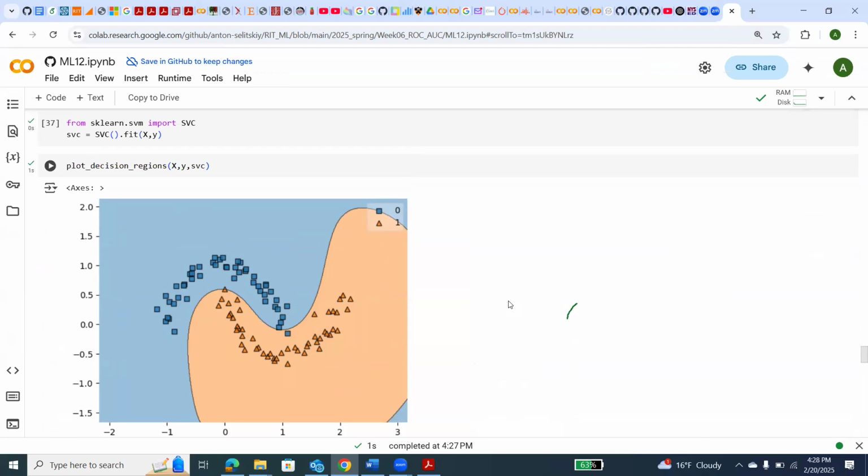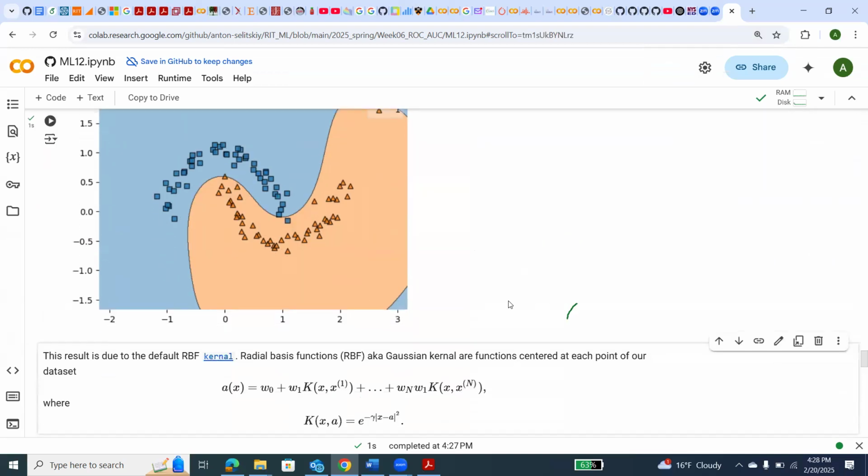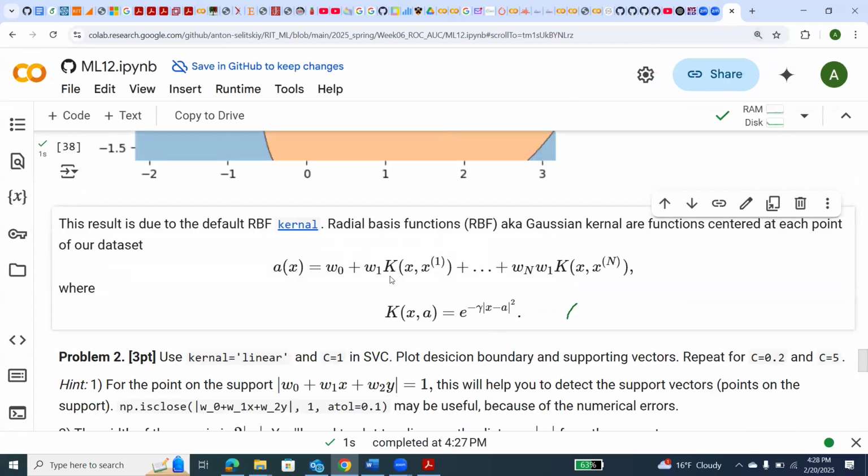By default, it uses non-linear features. By default, it uses the so-called Gaussian kernel. The formula looks as follows. So by default, the features are exponents to this negative power of x squared.